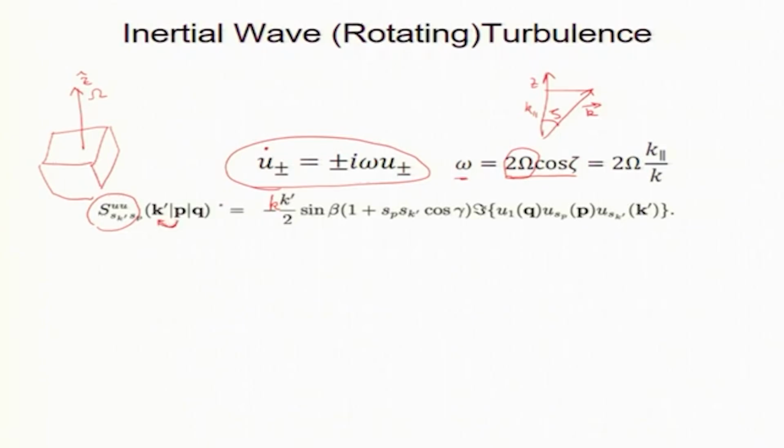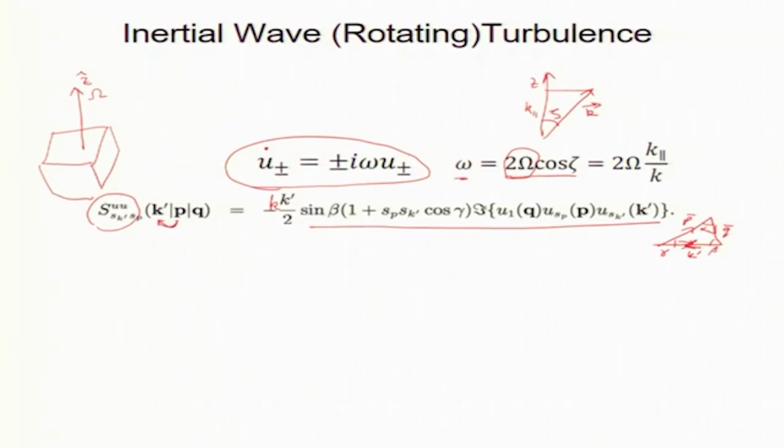Q is a mediator and this is a pretty complex formula which involves, for a given triad K, K prime, P, Q, the angles. So, we had seen this before. In front of K is alpha, in front of P is beta, in front of Q is gamma. So, these are formulas, okay, which have been derived before.